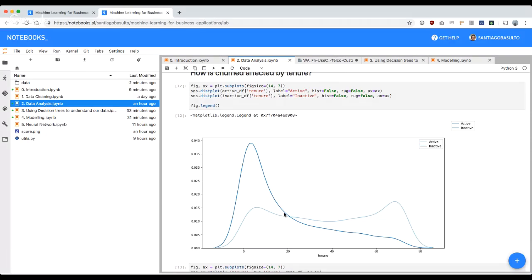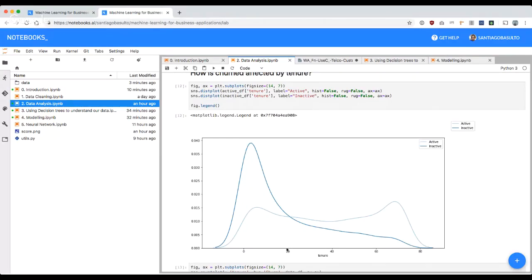If we could measure the area under this curve, we could run a simple statistic to find that most people will leave before their 20th period.